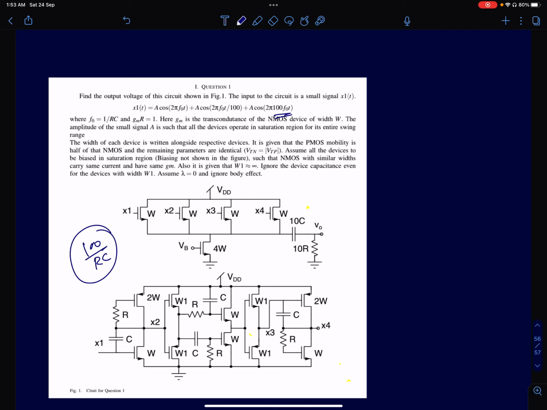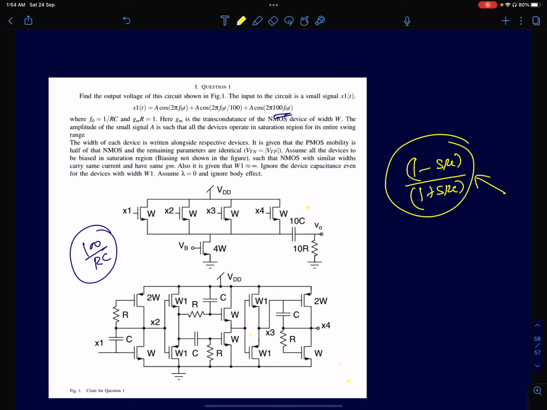Since it is 100 by RC, it will be like infinite frequency. Here you have the transfer function 1 minus SRC by 1 plus SRC, and anything greater than 10 by RC for this circuit can be treated as an infinite frequency.